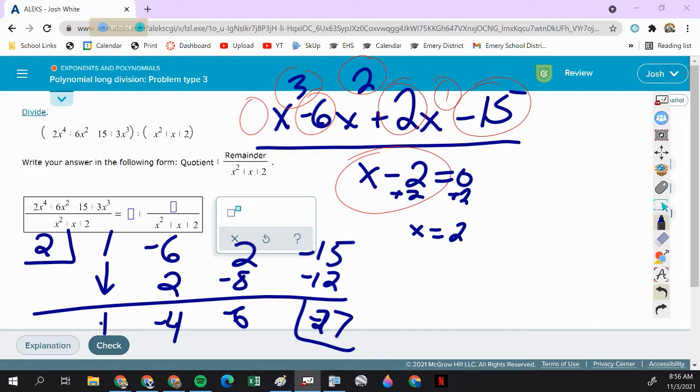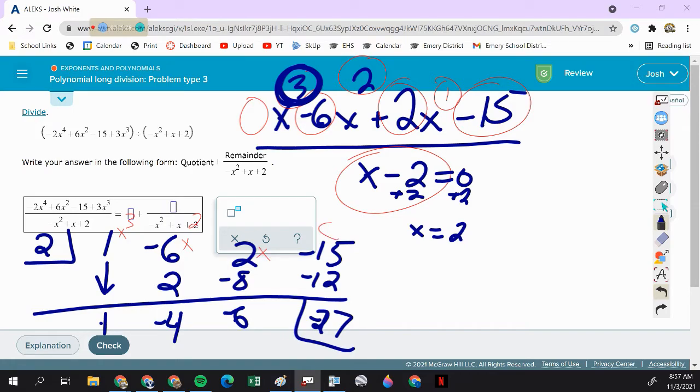Okay, well, what do those numbers mean? I started with an x to the third. And if you take x to the third and you divide it by x, you're going to get x squared. So this was x to the third, x squared, x, and constant.